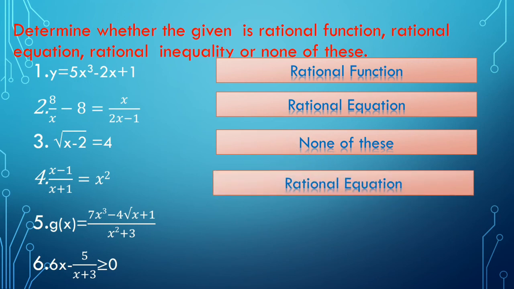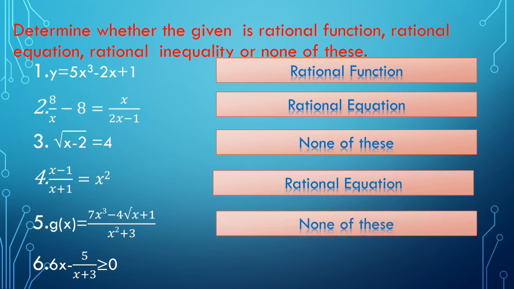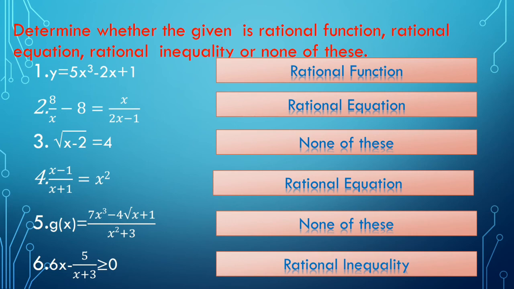Number 4 is a rational equation. Number 5 is none of these because of the numerator 4 square root of x. So square root of x means x raised to 1/2. And number 6, that is a rational inequality.